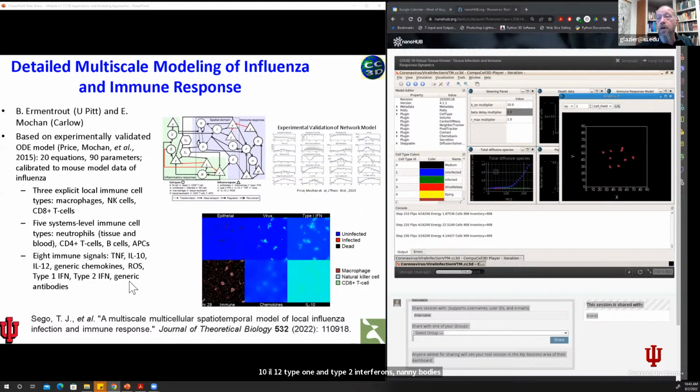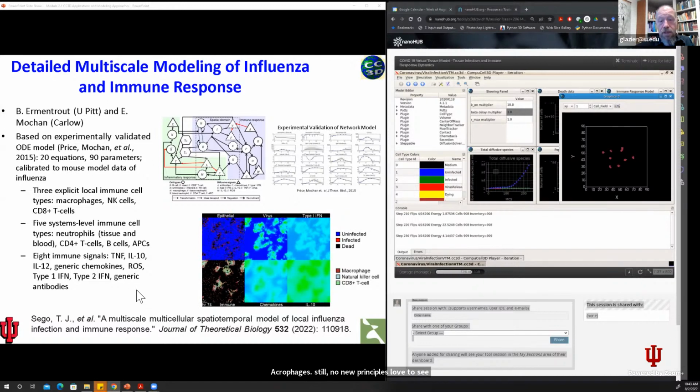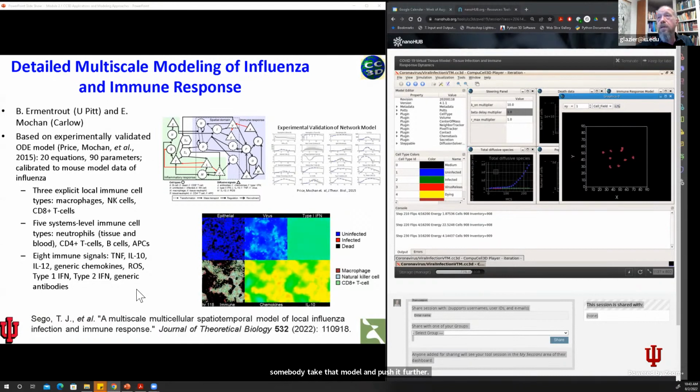Still no neutrophils. Love to see somebody take that model and push it further. It'd be really pretty easy to take that and build an almost complete model of the immune response.